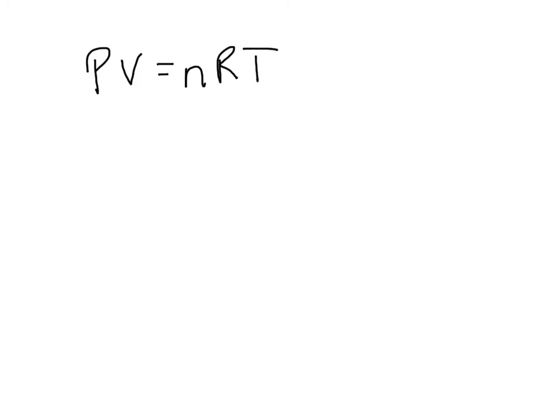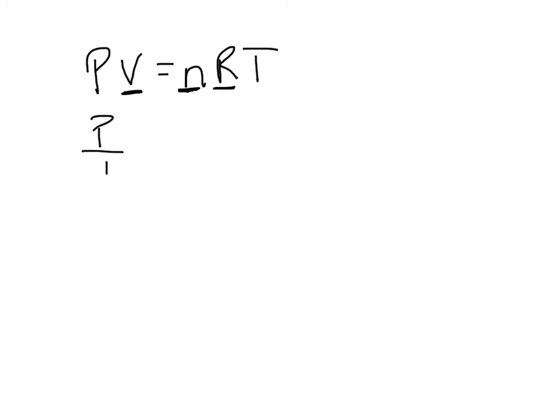Taking our same PV equals nRT equation, if the volume was constant, sometimes we talk about a constant volume thermometer, which uses the change in pressure of the gas to measure the temperature. So our volume is constant and our number of moles is constant. We move everything that changes to one side and everything that stays the same to the other.